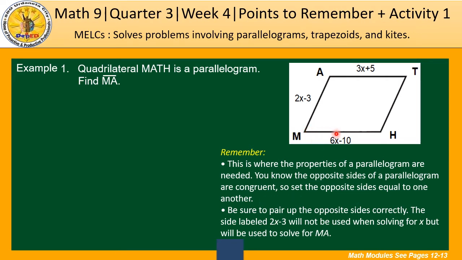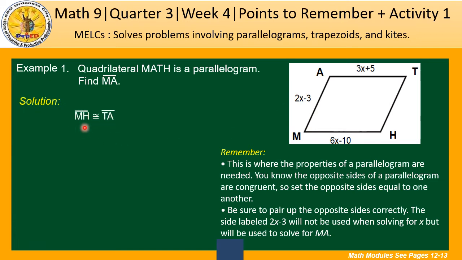For example, this one, the side MH, the opposite side is 80. Therefore, they are congruent. This one is not needed in solving for x, but it will be used to solve for side MA. So this is the solution.